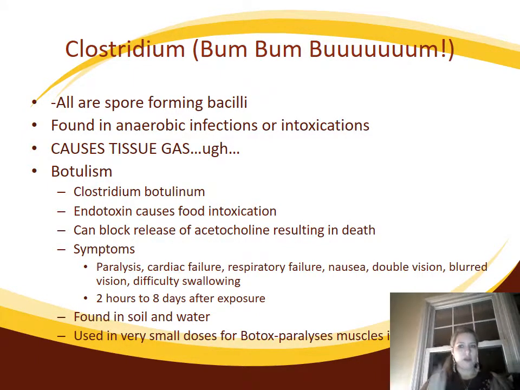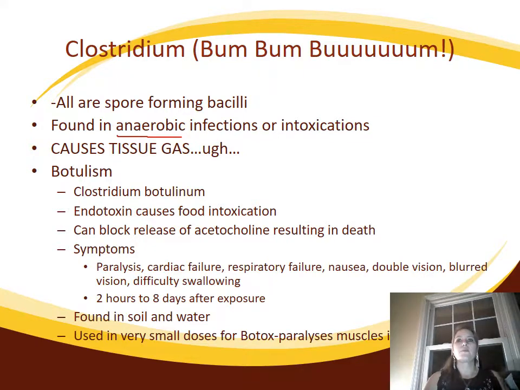Then we have, drumroll, Clostridium. Clostridium is of particular importance to the embalmer, and this is something that we're going to see pretty frequently. All of the Clostridium strains are going to be spore-forming bacilli, and they are anaerobic, meaning no air.